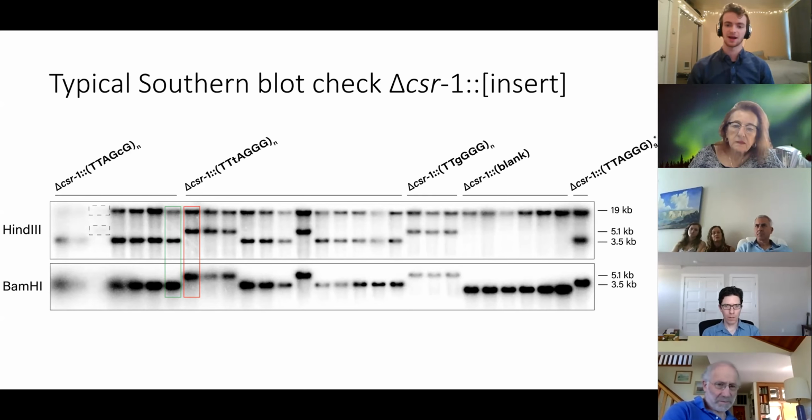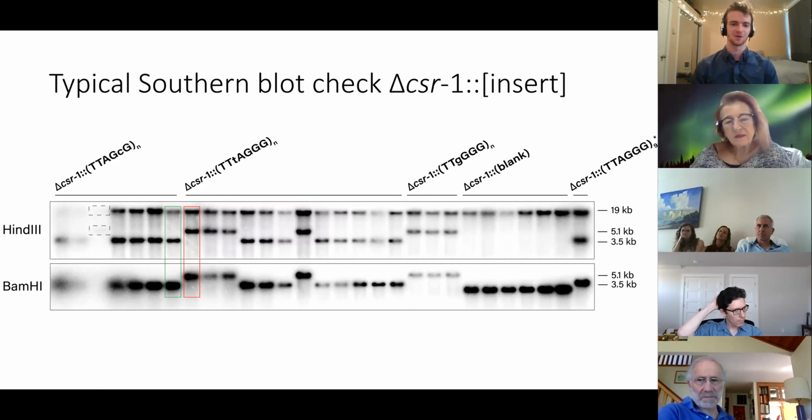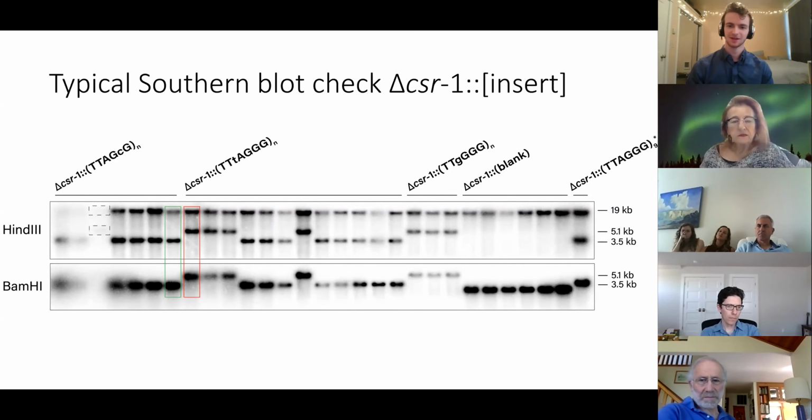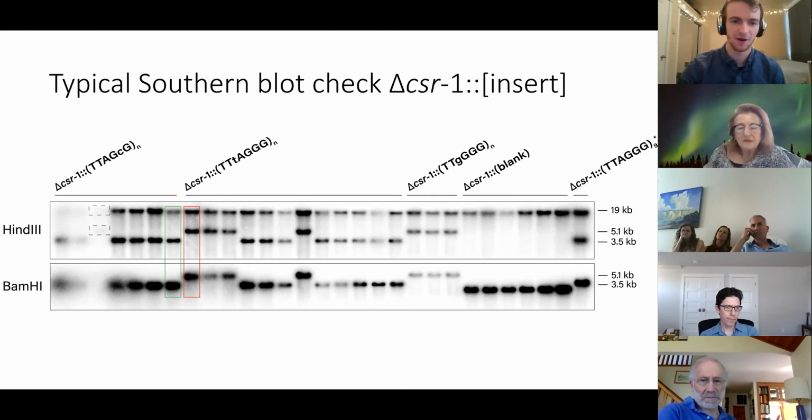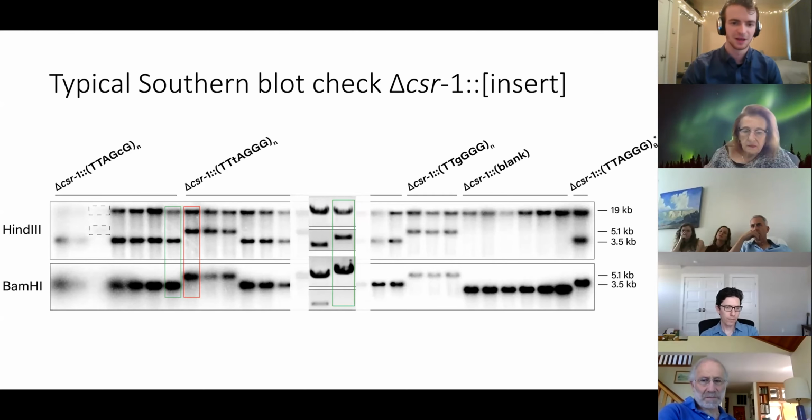And in this case, I probed for the CSR1 locus. So I only get fragments that are around that region. All the other DNA is just cut up and lost. And you can see, like before, if I pop up the previous thing up there, it does look very similar to how it was before, and it is the same principle.